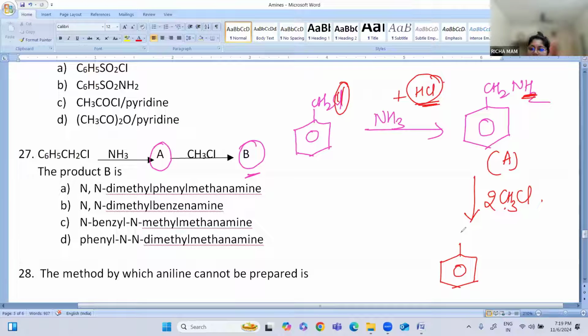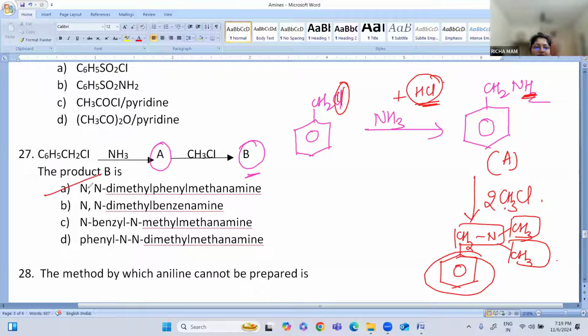So what is the answer? N,N-dimethyl phenylmethanamine. So option number A.